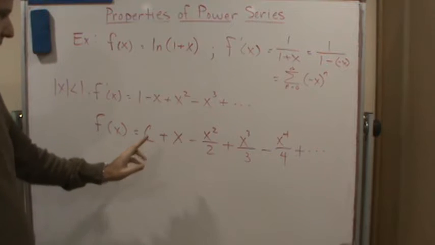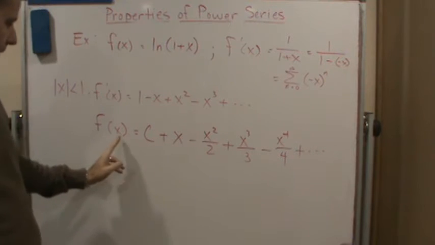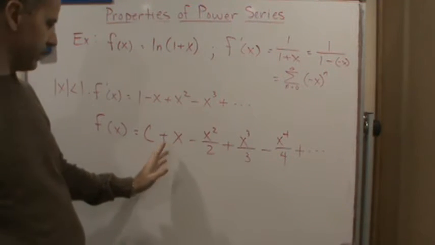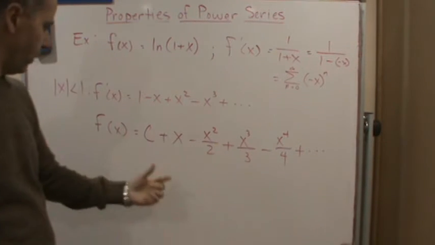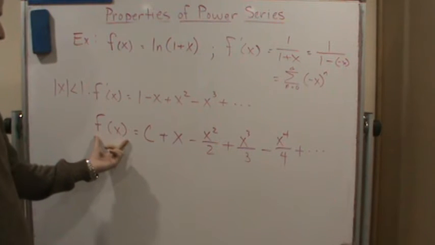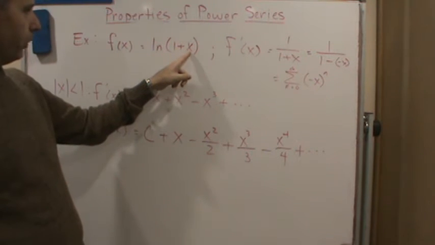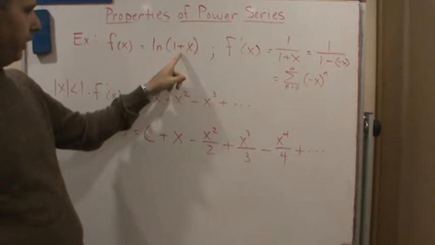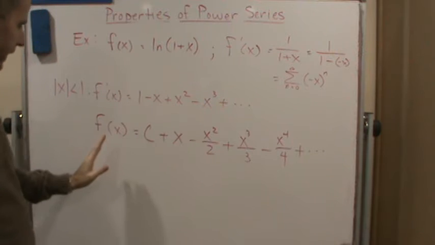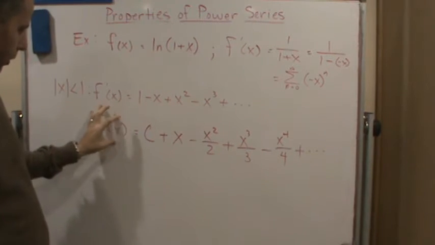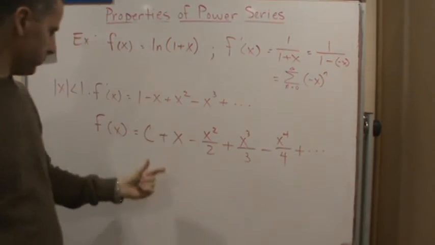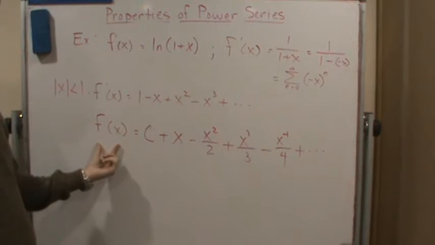Obviously the easiest way to find C is to make x 0, because if x is 0, all of the other terms go away. So if we plug in 0 here, we get natural log of 1, which is 0. All of these terms are zeros, and so we end up with C equal to 0.